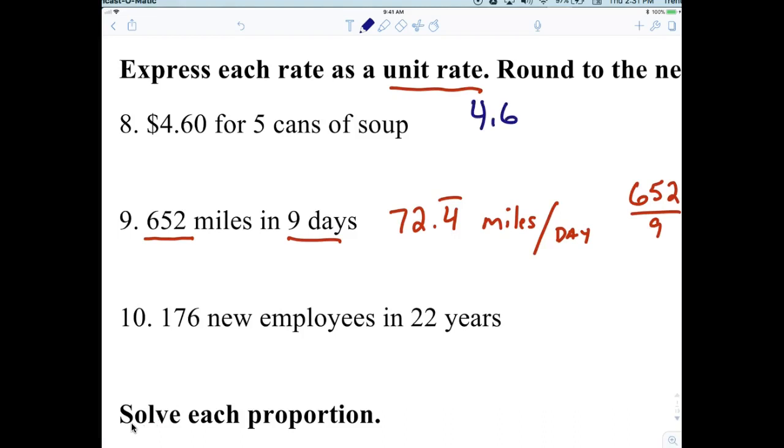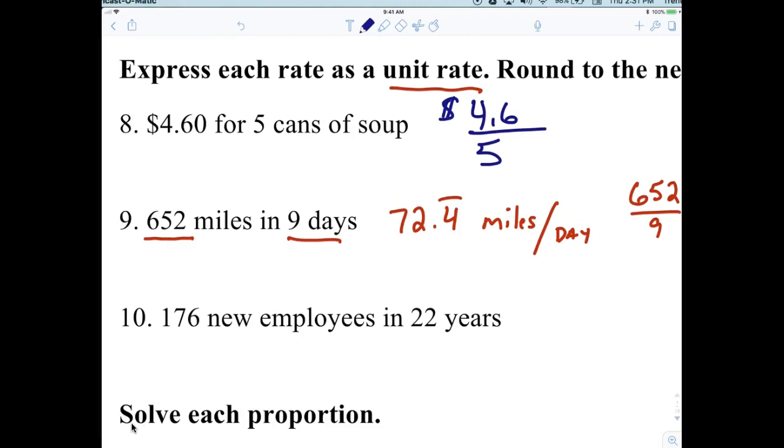So the cost goes into my calculator first, divided by the number of cans. Everybody happy with that explanation? How much does it cost per can? That's what the question is.